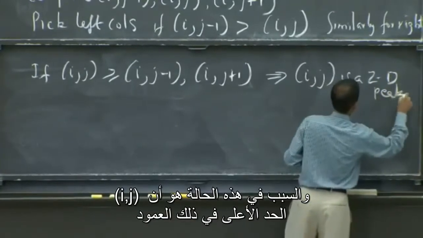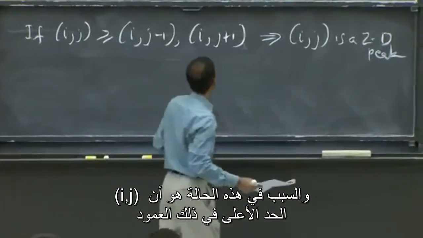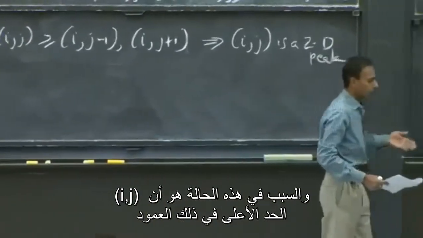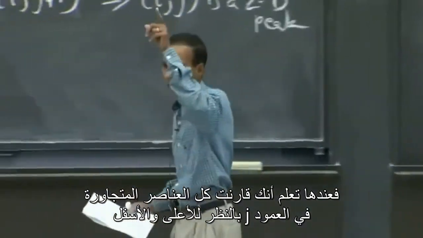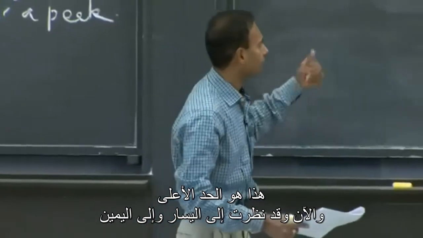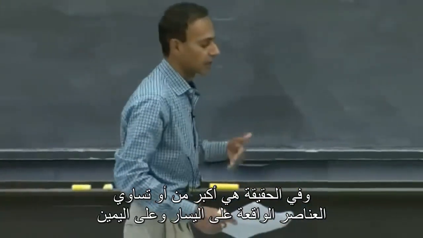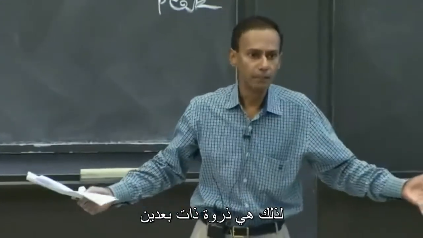Okay? And the reason that's the case is because (i, j) was the maximum element in that column. So you know that you've compared it to all of the adjacent elements looking up and looking down. That's the maximum element. Now you've looked at the left and the right, and in fact it's greater than or equal to the elements on the left and the right, and so therefore it's a 2D peak.